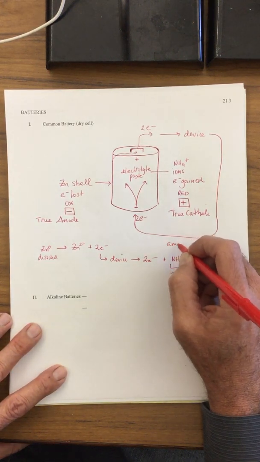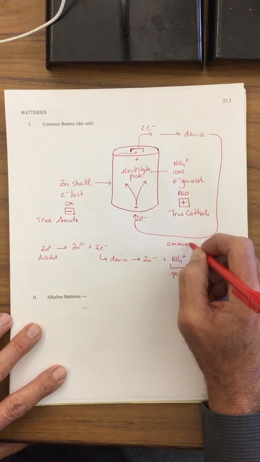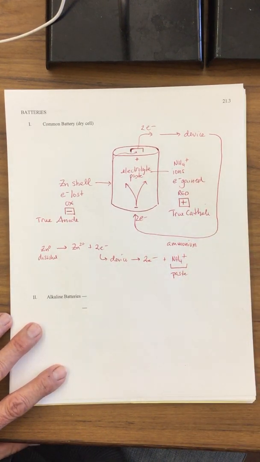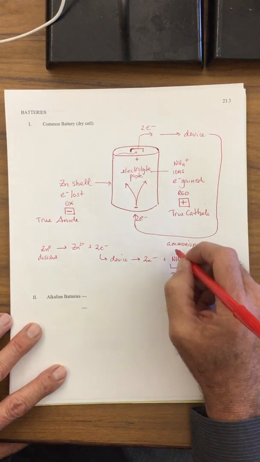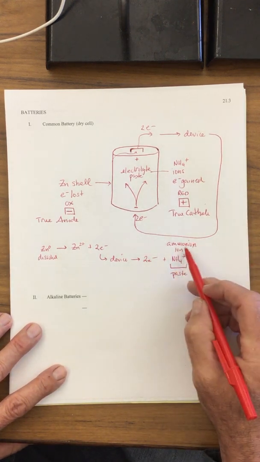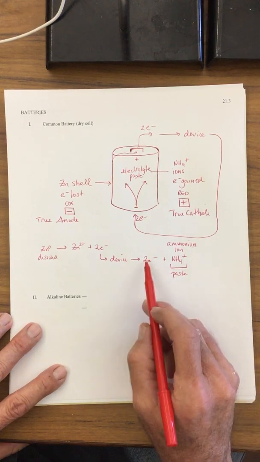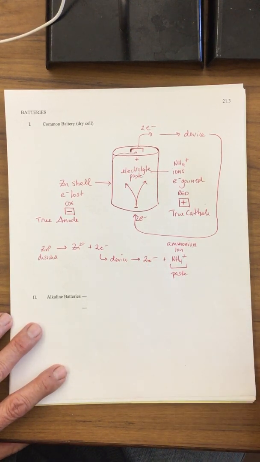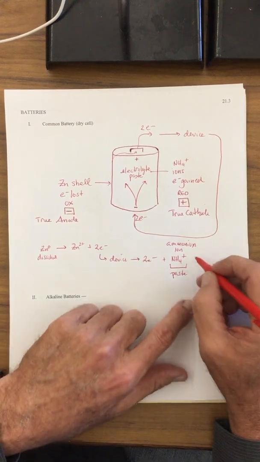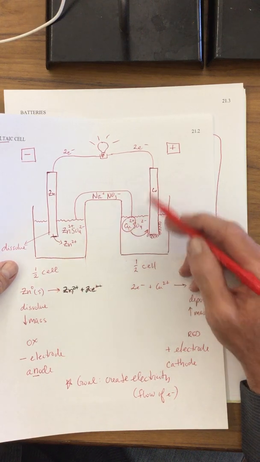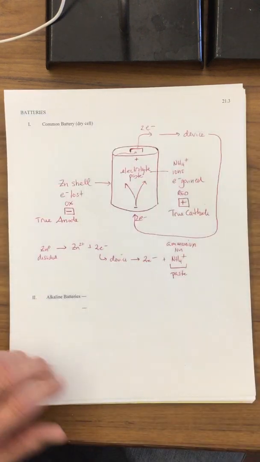You might remember this ammonium ion when we were looking at polyatomic ions. So the ammonium ion is the true cathode. It's catching the electrons. Previously, we had this copper ion, which is capturing the electrons, and it becomes solid copper.